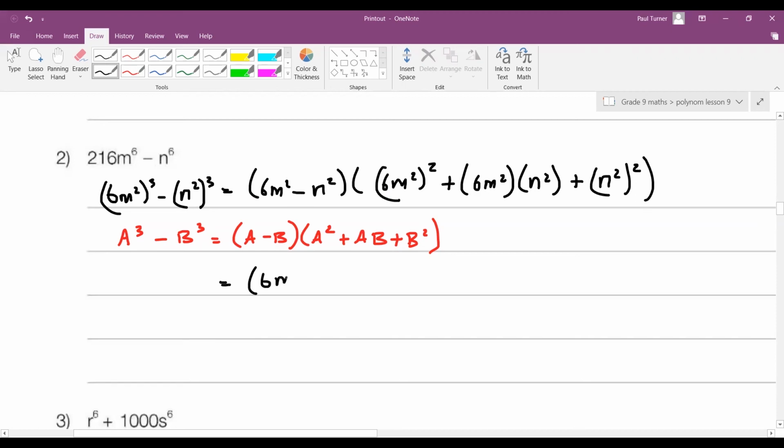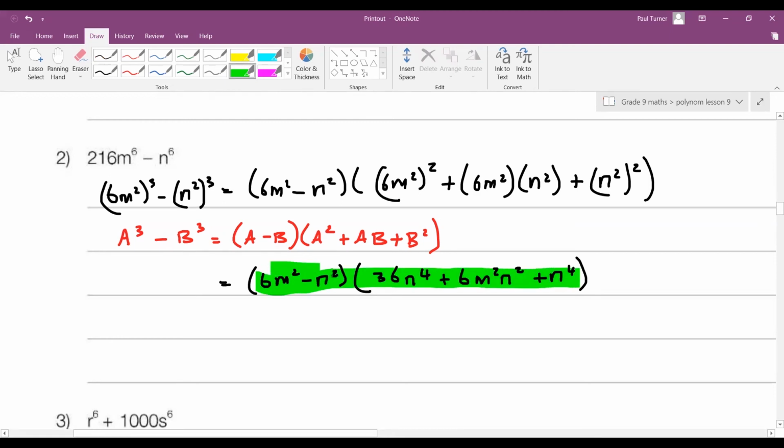So 6m squared minus n squared, 6 squared is 36, m squared squared is m4, plus 6m squared n squared plus n4, like that there. Okay, so that's your final answer for 2.